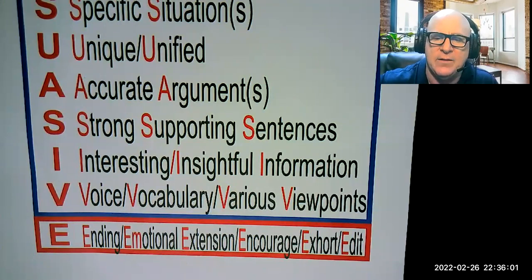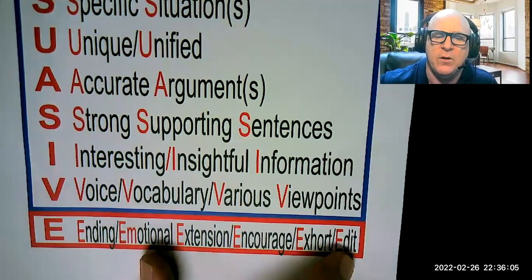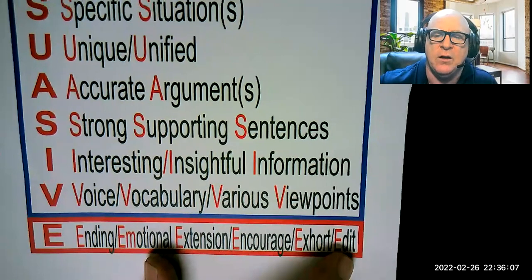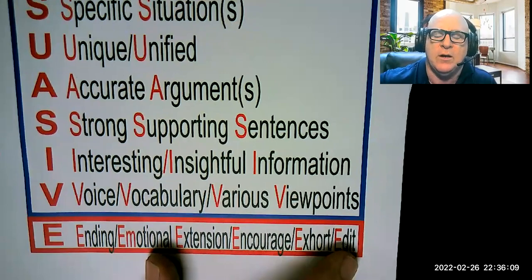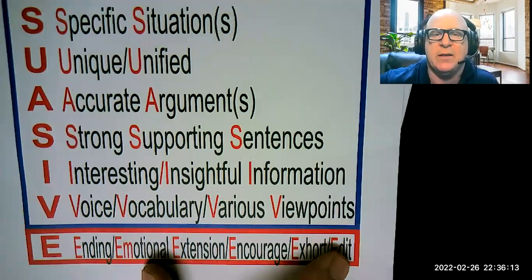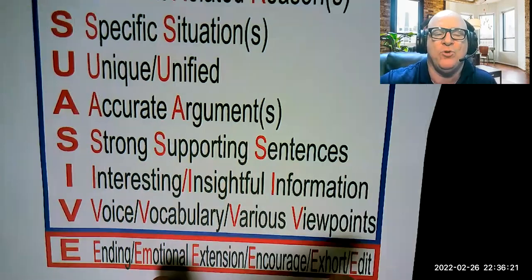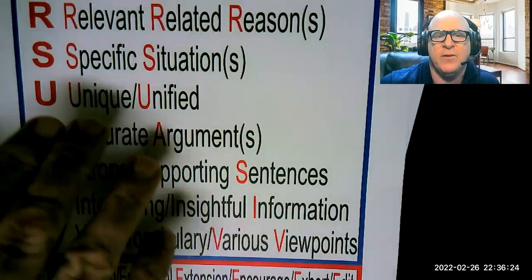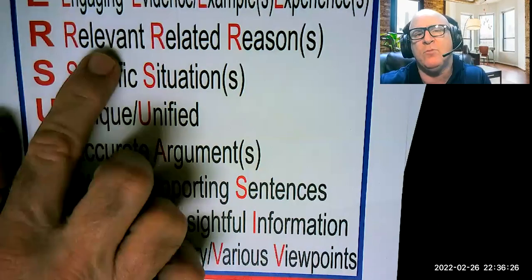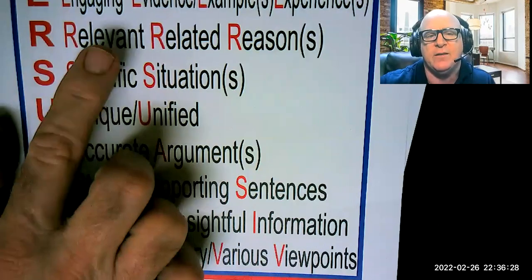And then, as it does mention, take time to edit your paper. Take it to the ER, which was CUPS: capitalization, usage, punctuation, spelling, and sentence boundaries such as run-ons and fragments. If you have two reasons and only one of them is developed, then remove one of the reasons. That's called revising.